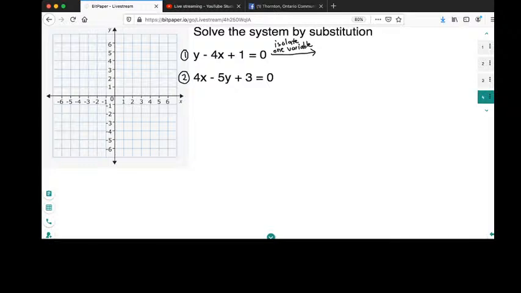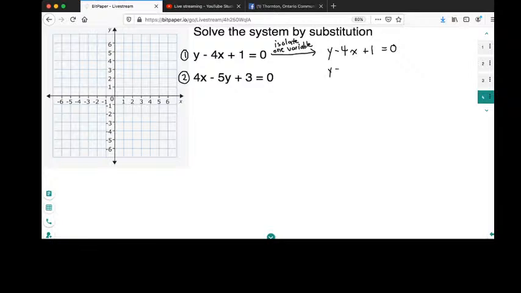How do we isolate? Well, isolating a variable is just simple algebra. So if we have y minus 4x plus 1 equals 0, and I want to isolate for y, then I need to move everything else to the other side of the equation. Let's start with this positive 1.